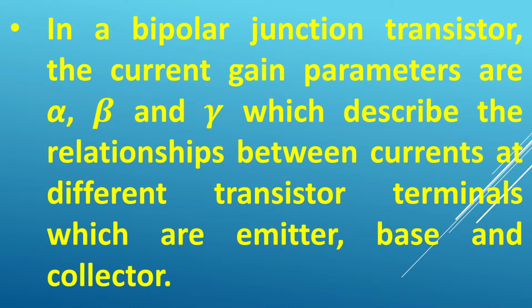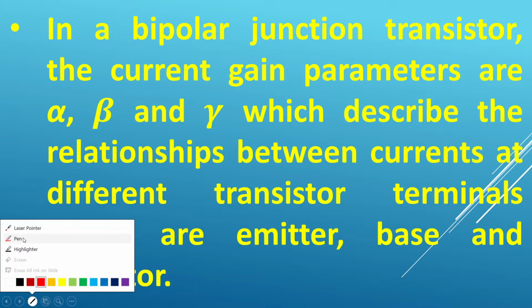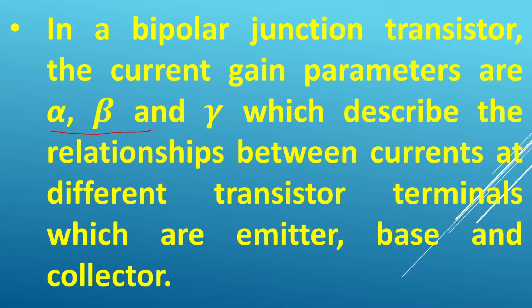Current gain parameters of this bipolar junction transistor are alpha, beta and gamma. They are the current gain parameters.